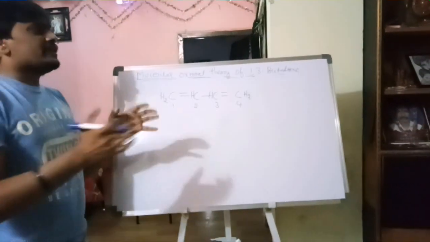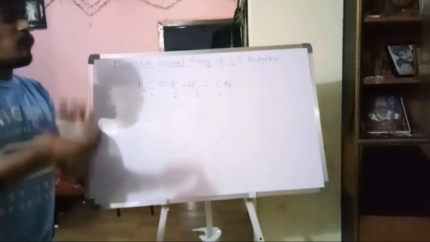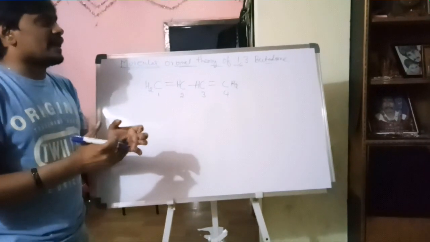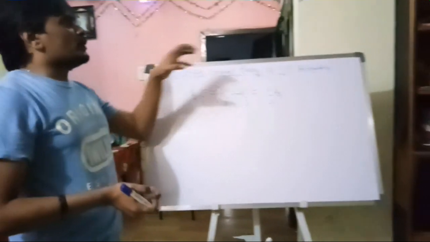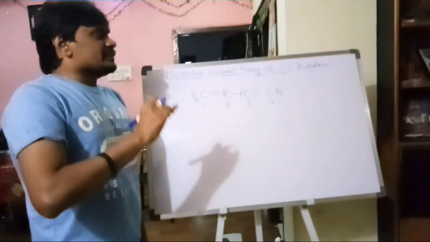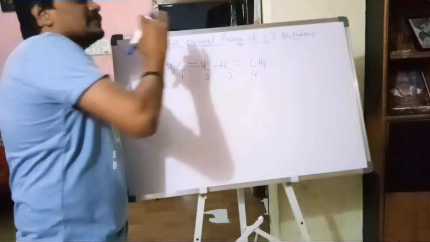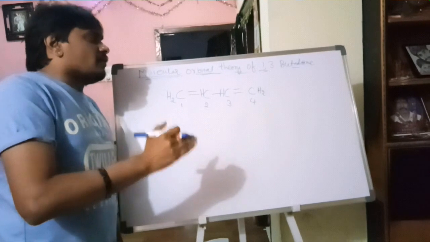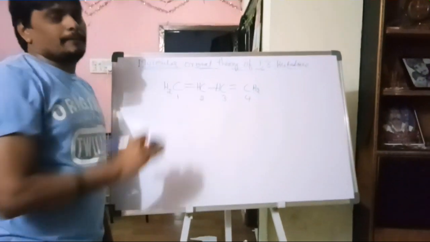Now, why am I emphasizing this conjugation? What is molecular orbital theory designed for in 1,3-butadiene? Molecular orbital theory comes into the picture in the case of 1,3-butadiene in order to visualize the conjugation present in it, and to explain or predict the stability of this particular molecule.